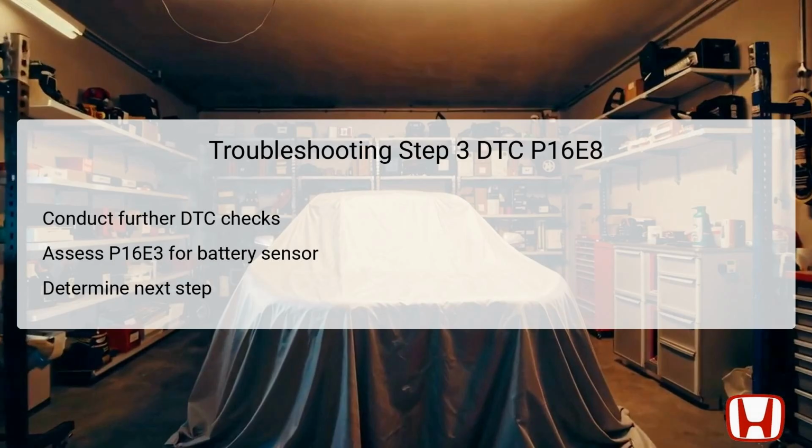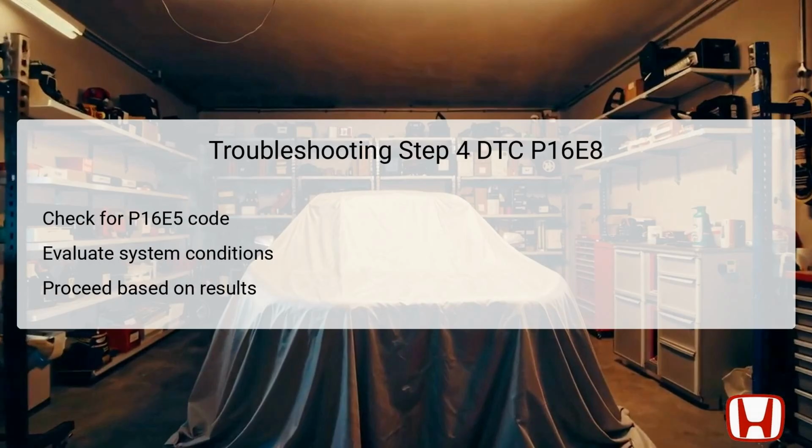Depending on the outcome, the technician will follow a specific pathway to either further investigate the components relating to the battery sensor, or move on to examine other error codes such as P16E5, which pertains to communication errors with the DC-DC converter. This targeted approach is fundamental in determining the root cause of the communication issue.